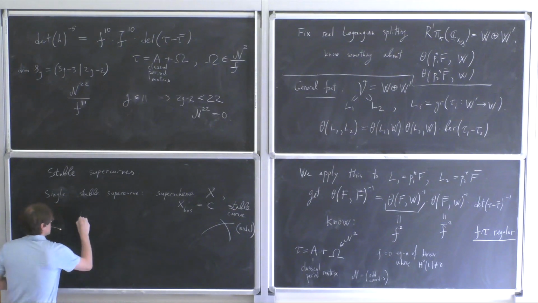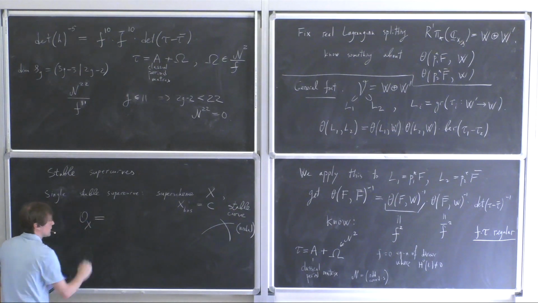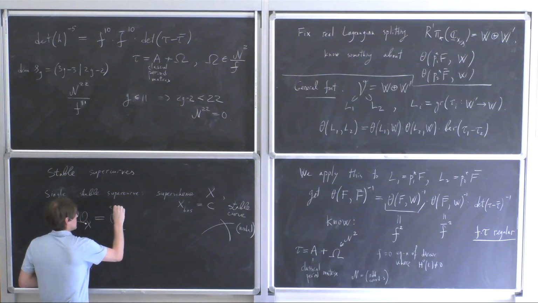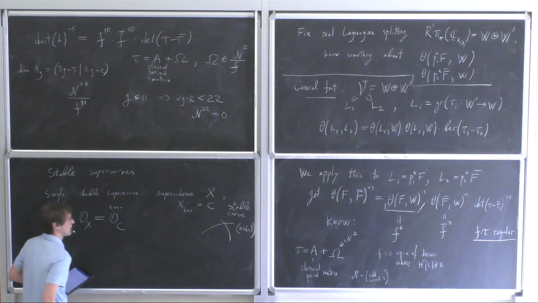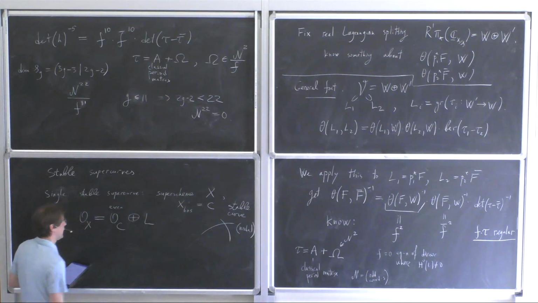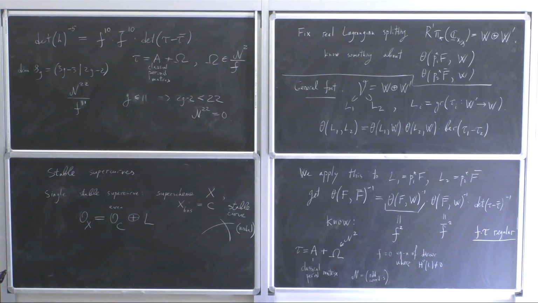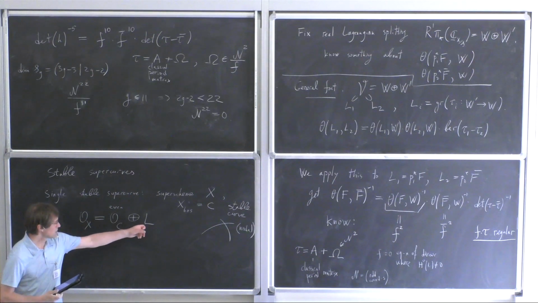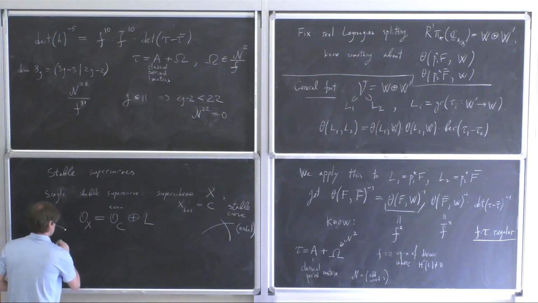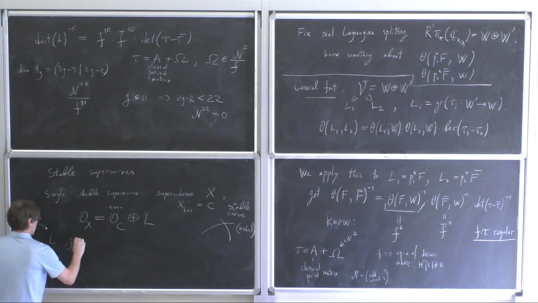Now the structure sheaf of X should have even and odd parts. The even part is just functions on this underlying stable curve, and then there is some odd part which I will still call L. You can think of L as a coherent sheaf on C, and it's going to be what is called a generalized spin structure.